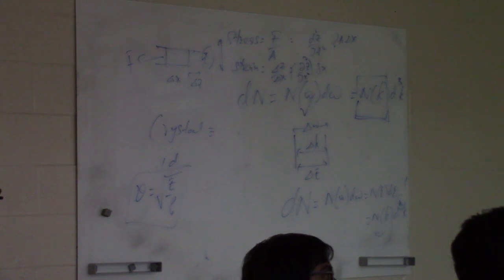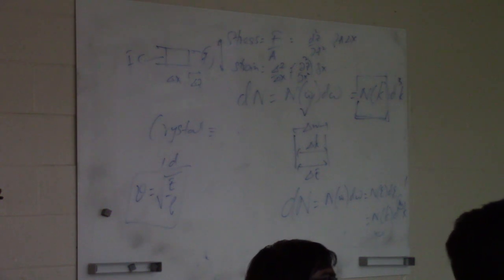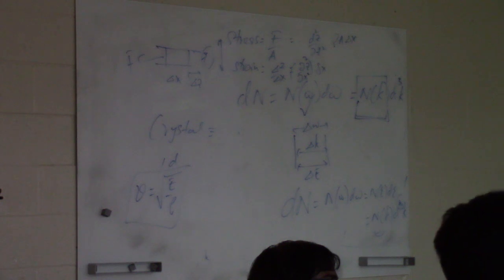In 3 dimensions, if you have a homogeneous one, it's a sphere, right? In 2 dimensions, it is basically a circle. In 1 dimension, it is basically a line. So what you want to find is how many modes there are between these two for a given delta k.